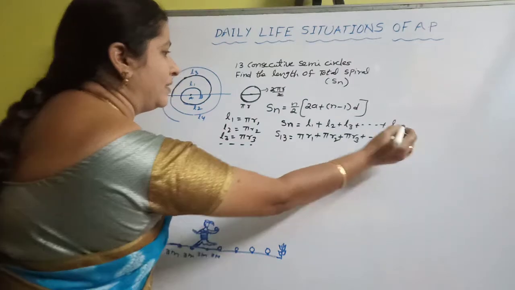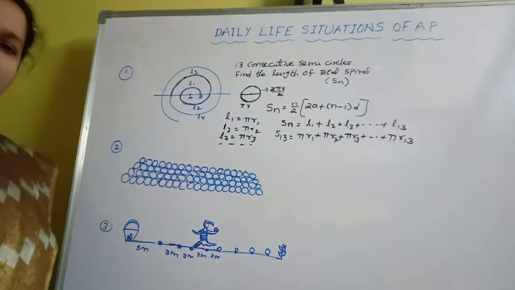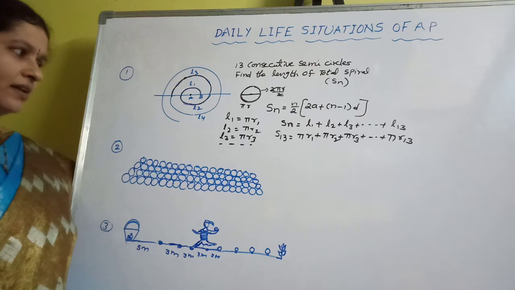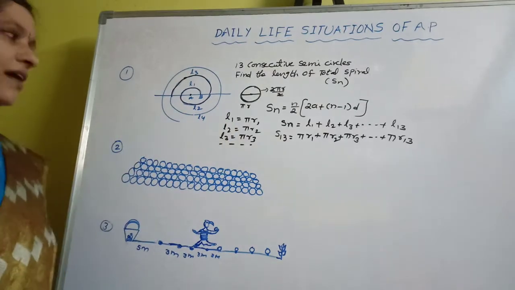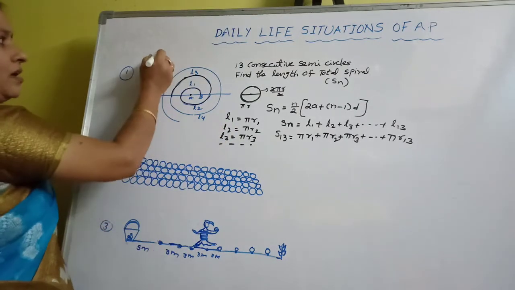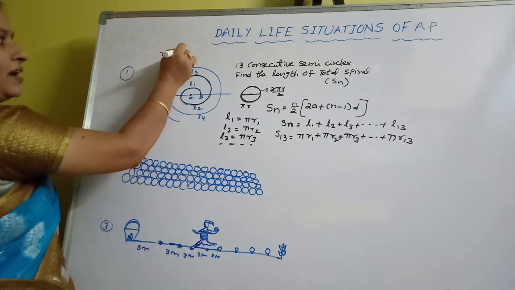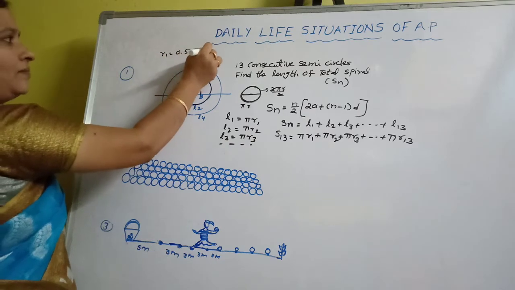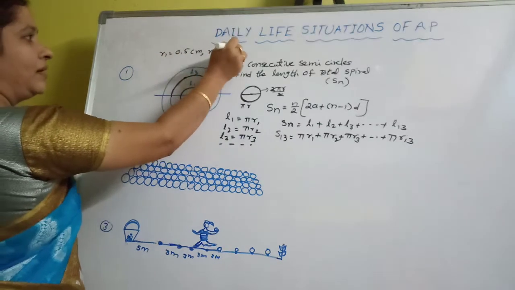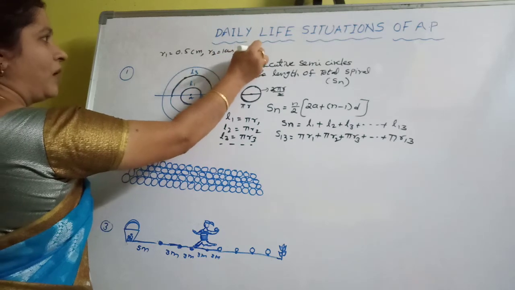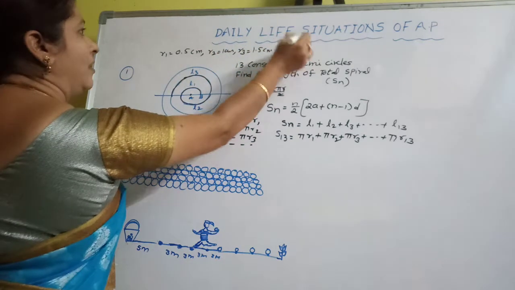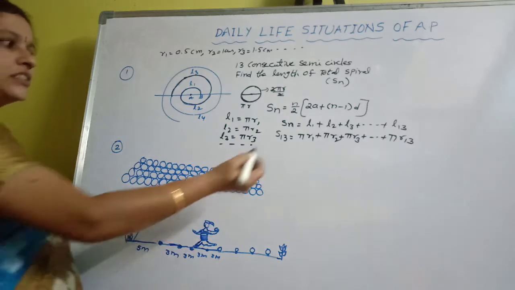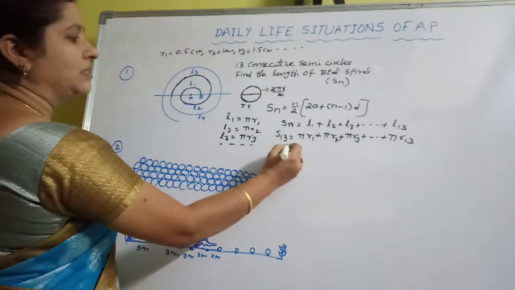Up to pi R13. Pi is a constant value, that is 22 by 7. So what about the R values? Here in this question it is given R1 equal to 0.5 centimeters, R2 1 centimeter, R3 1.5 centimeters, like this. Substitute the R values in this equation.